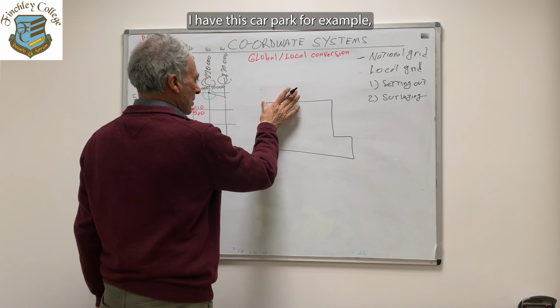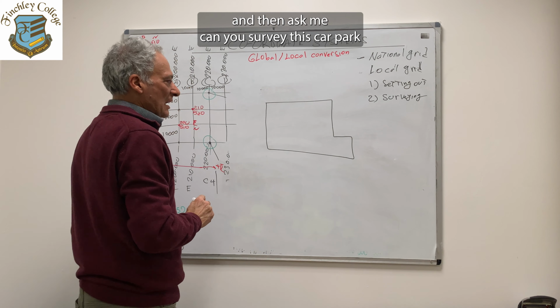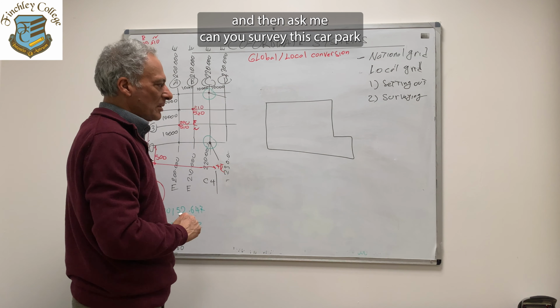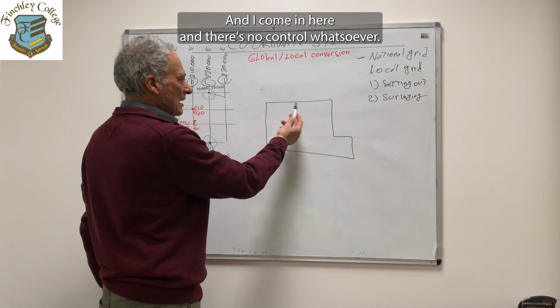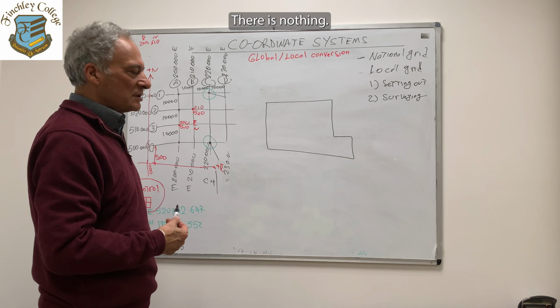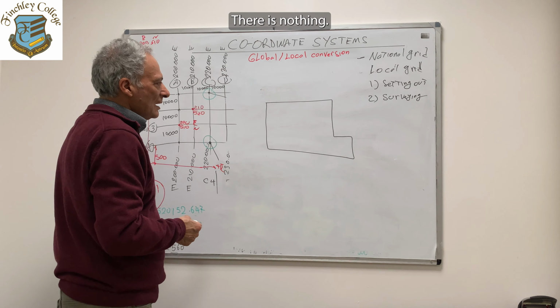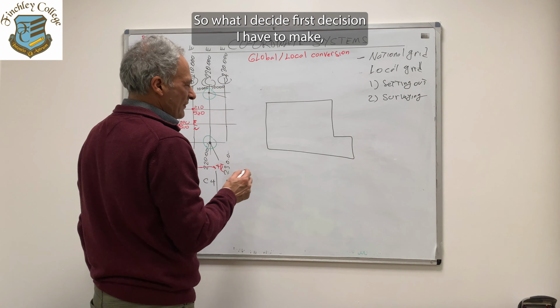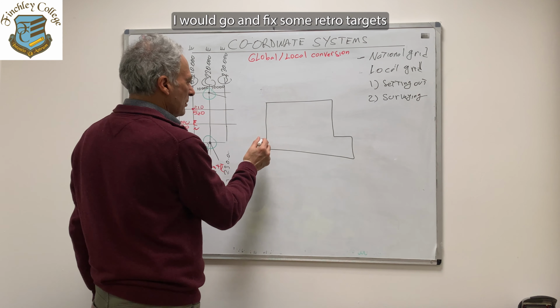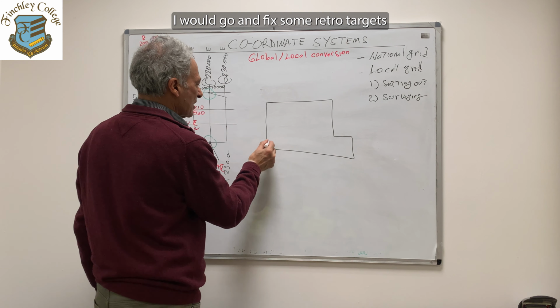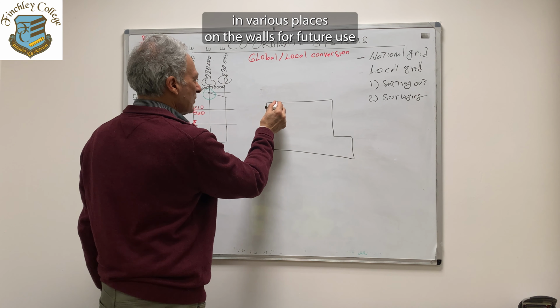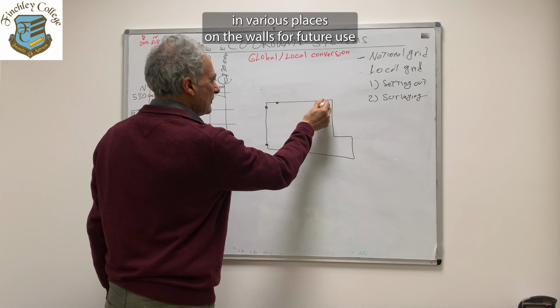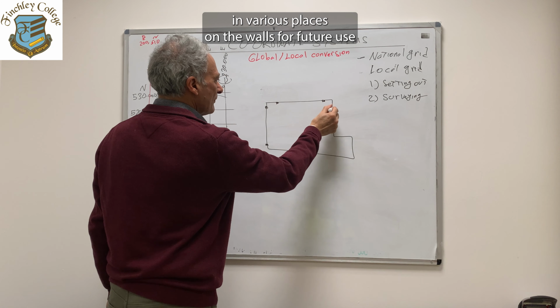I have this car park, for example, and they've asked me, can you survey this car park? And I come in here and there is no control whatsoever. There is nothing. So the first decision I have to make is to fix some retro targets in various places on the walls for future use.